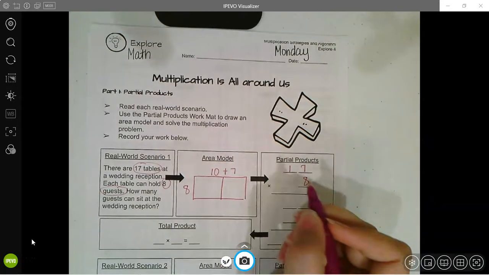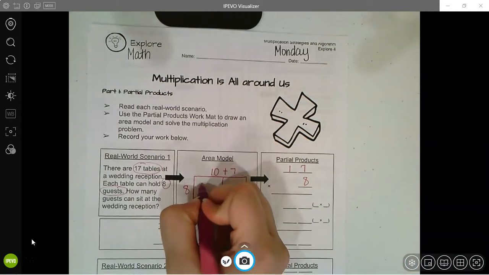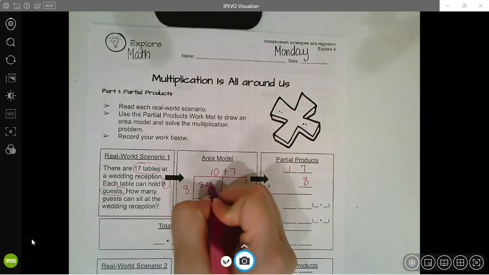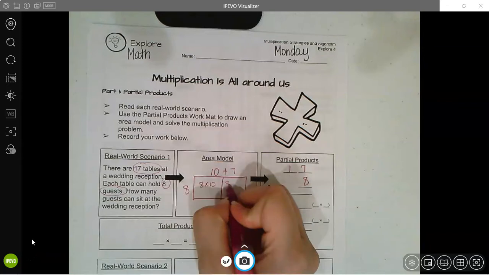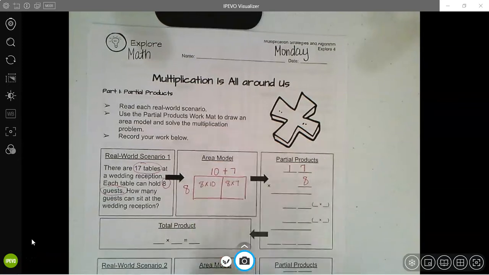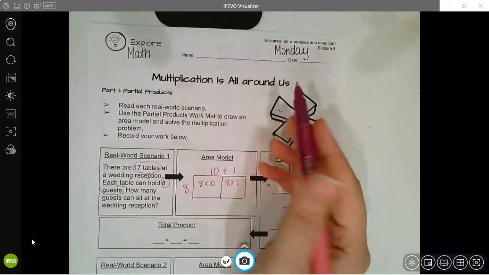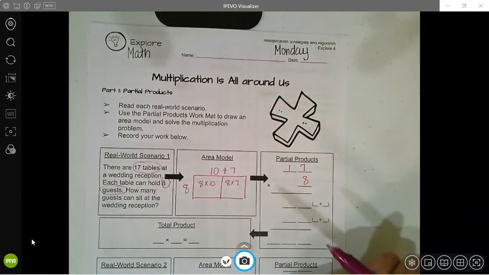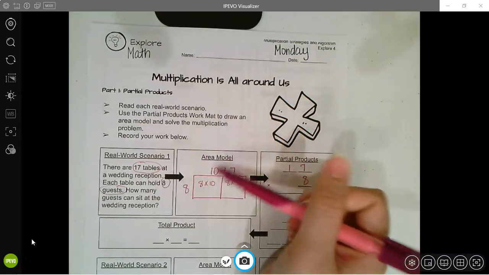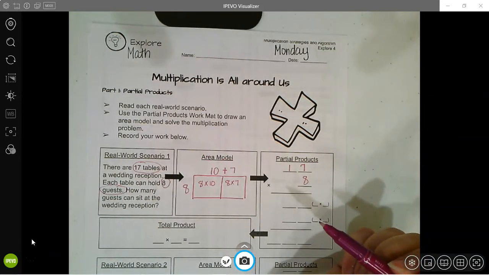That means I'm going to break this apart, and so we're going to have 8 times 10 and 8 times 7. It's like if we were drawing our picture with 1 ten and 7 ones, and then we're going to multiply.